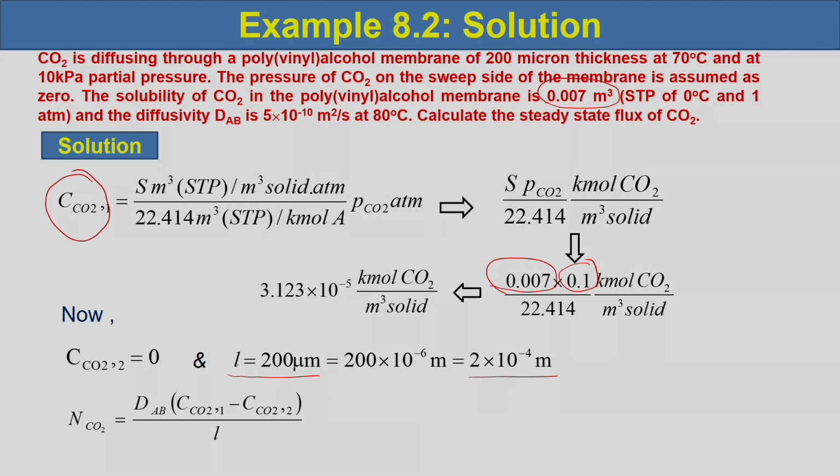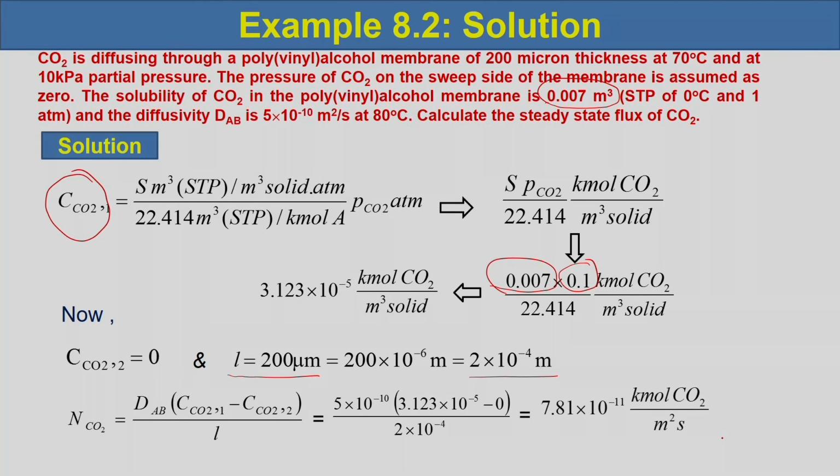Now, if we substitute these values in the flux equation, we will have the diffusivity of carbon dioxide in the solid, which is 5 into 10 to the power minus 10, into (3.123 into 10 to the power minus 5 minus 0) divided by 2 into 10 to the power minus 4, which is equal to 7.81 into 10 to the power minus 11 kilomole carbon dioxide per meter square second.